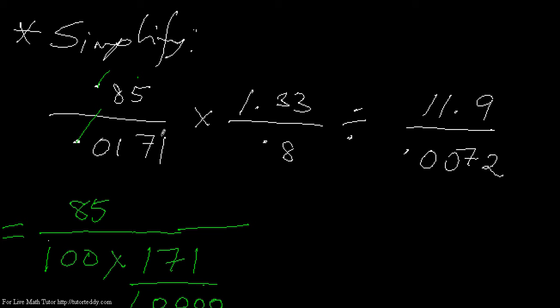Because I have the decimal point after 4 numbers, 1 2 3 4. After 4 numbers we have this decimal point. That's why I have taken it here. Now I can cancel zeros first. Here I have 0, here I have 0. I cancel 1. Here I have 0, here I have 0. So I have cancelled 2 zeros from this side.